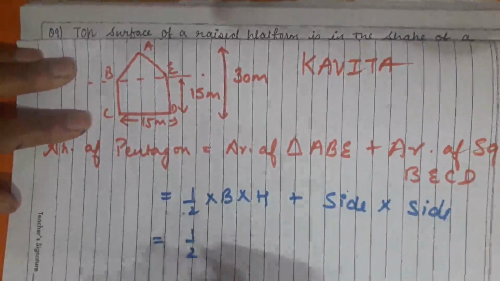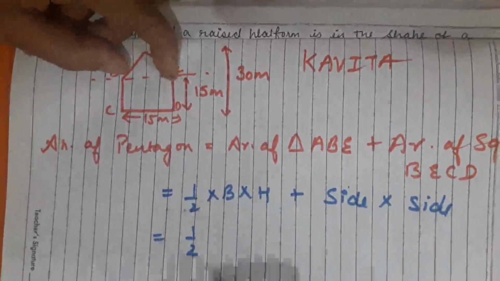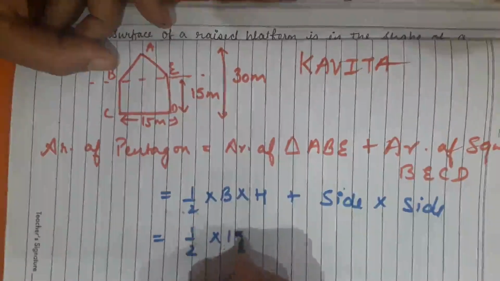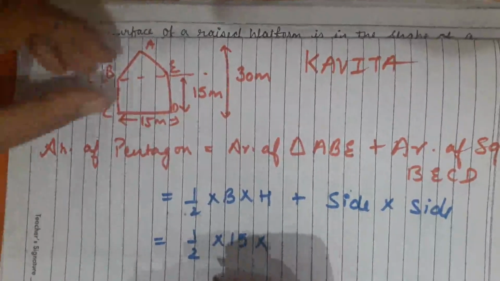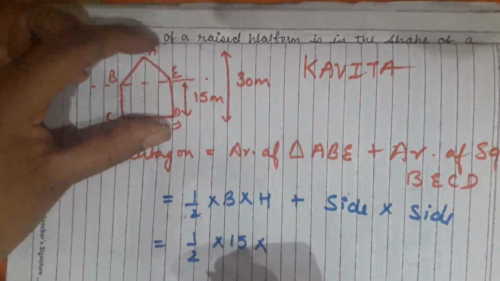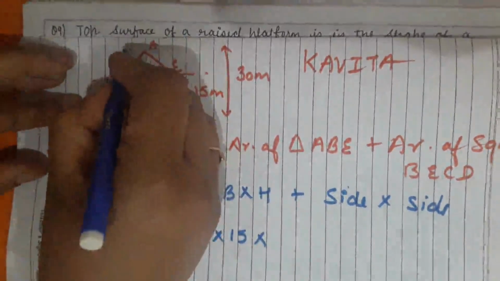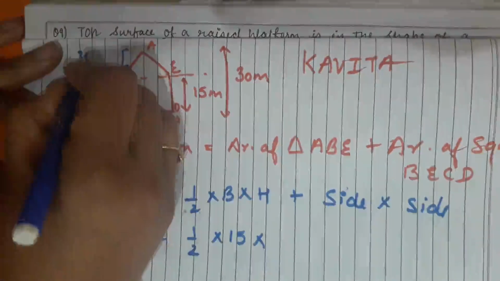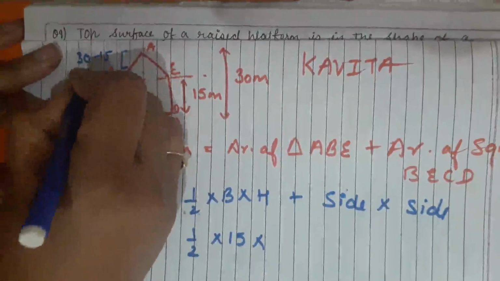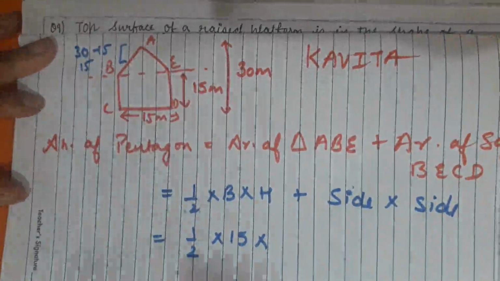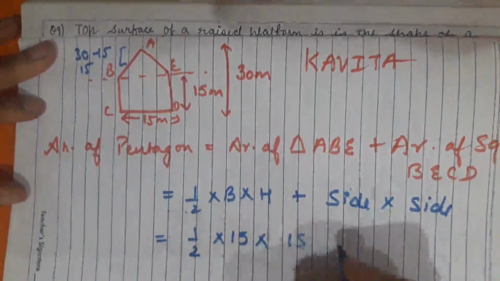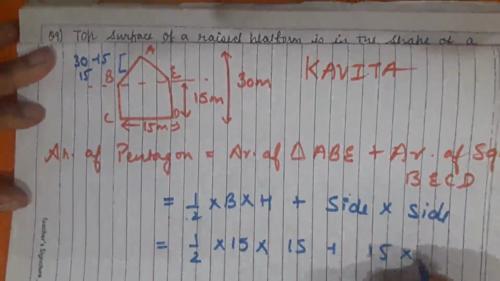Now what is the base here? Base is this BE, that is 15. Height, see, this much is 15, whole is 30, so we are able to find this height. How? 30 minus 15, that is 15. Okay, so half into 15 into 15, plus side is also 15 into 15.